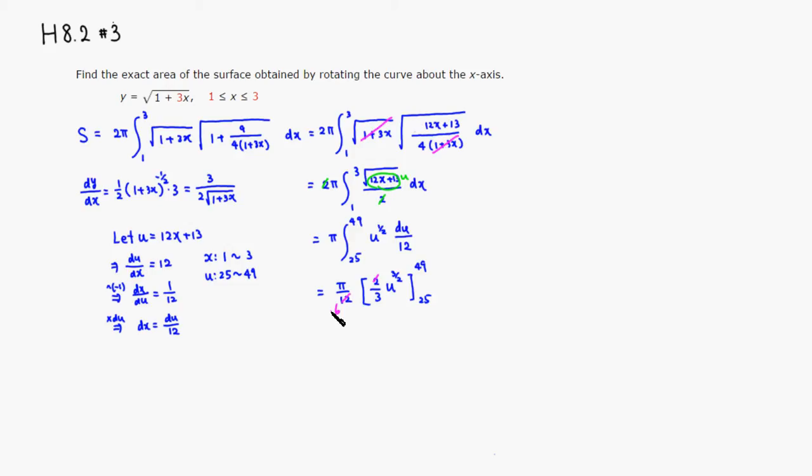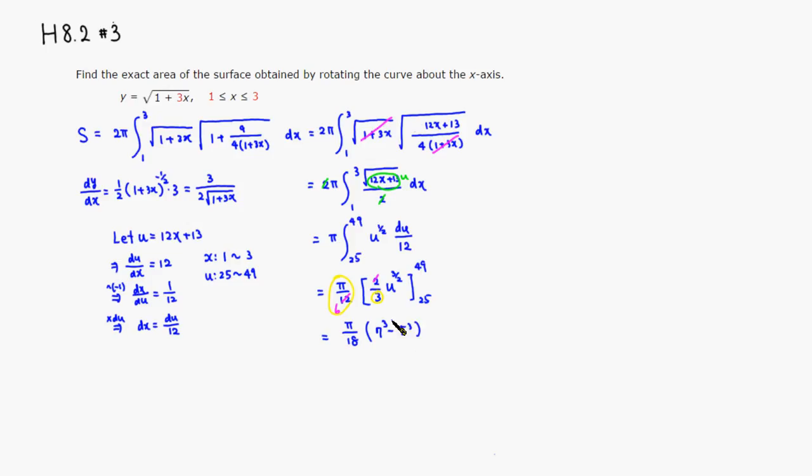So you get 6, and to combine that, you're going to get the pi, and 3 times 6 is 18. We already took care of this guy and that guy, so we just have to plug in 49. The square root of 49 is 7, and then you have 7 cubed, minus, plug in 25, so it's 5 cubed.